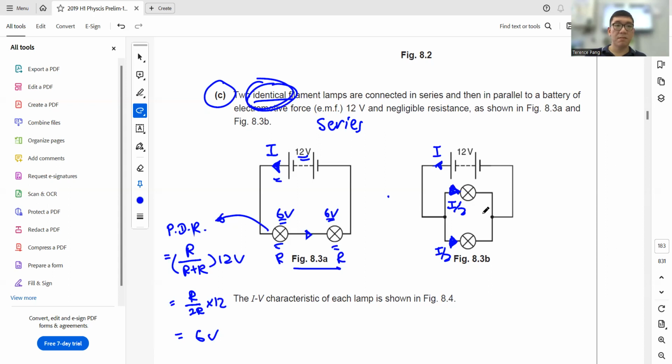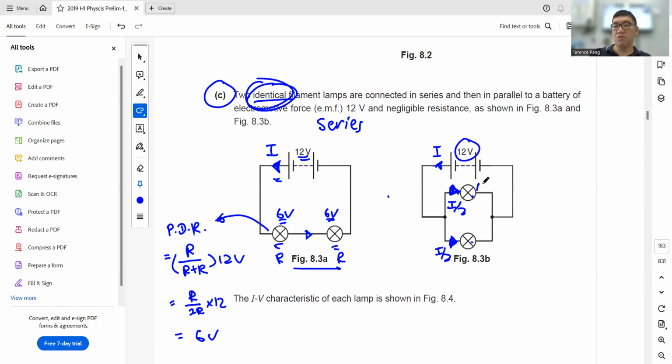And then for the 12 volt over here, what will be the potential difference for each of them? Since they are parallel, there's 12 volt over here. The EMF is 12 volt, and the two of them are connected in parallel with the battery. So what do you think the potential difference is?